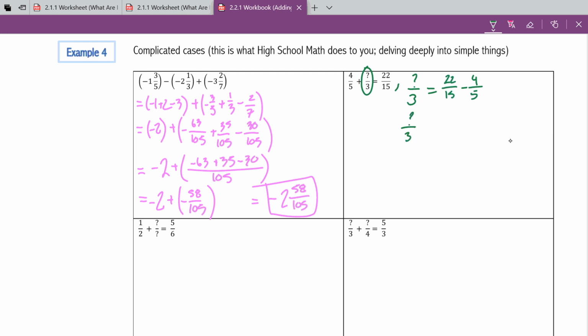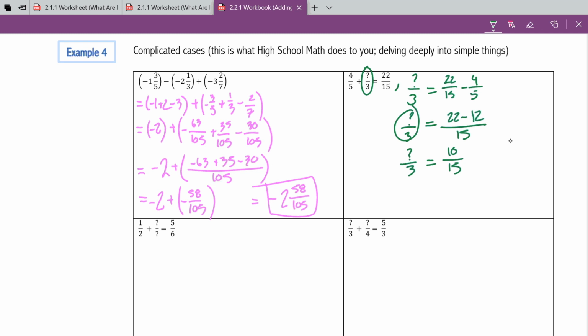So something thirds, question mark thirds, we don't know what that is. Okay, it's going to be equal to, let's bump this up to a common denominator out of 15. So 22 minus 12, because 4/5 is the same as 12/15. And so question mark over 3 equals, well, 22 minus 12 is 10, and 15, like that. And now we can figure this out pretty easily.